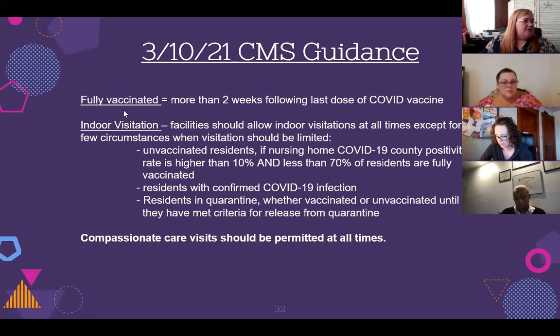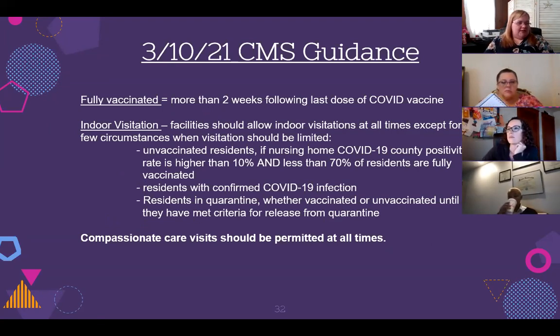And then the clarification, this was kind of the big change, the indoor visitation. So facilities should be allowing indoor visitation at all times, except, and these are the three examples that they gave. Unvaccinated residents, if the nursing home COVID-19 county positivity rate is higher than 10% and less than 70% of the residents are fully vaccinated, then they can limit visitation.